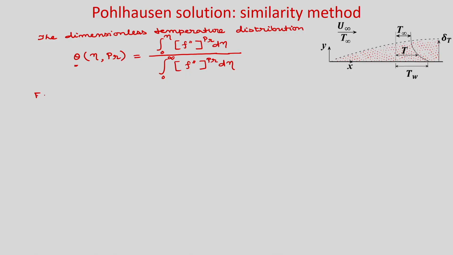So, now let us see that as a special case, whatever we started with, that for Prandtl number 1, what is the temperature distribution? Okay. Is it same as the velocity distribution? Let us see. So, for Prandtl number 1, this is a special case.